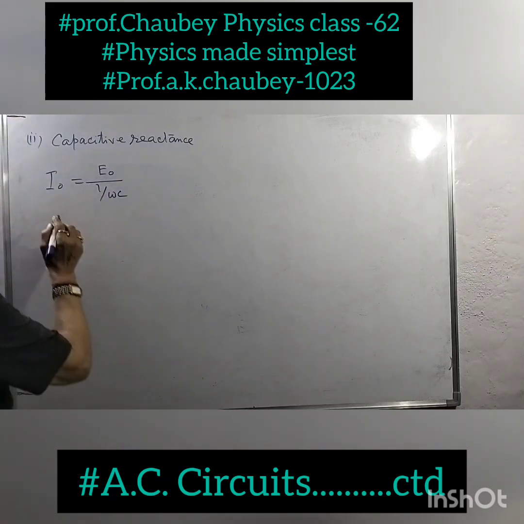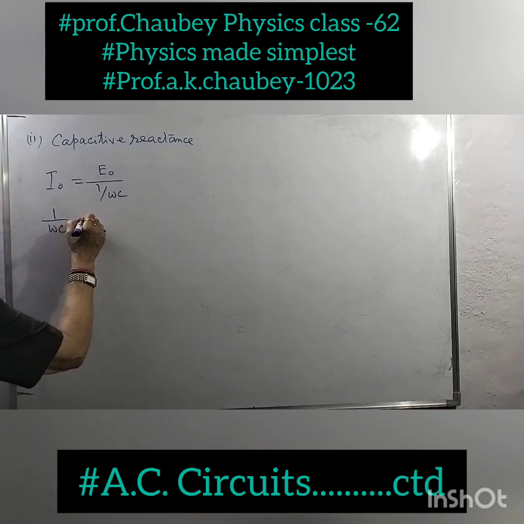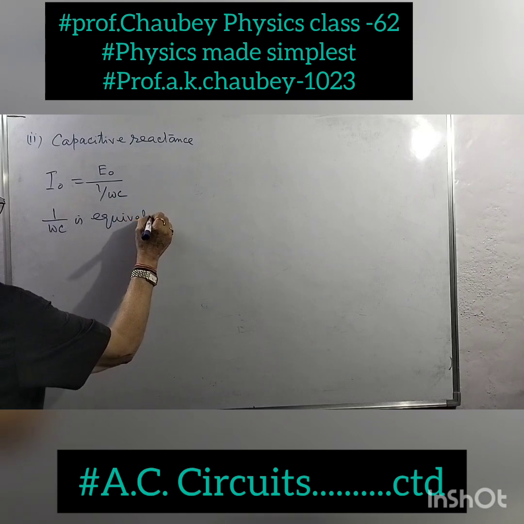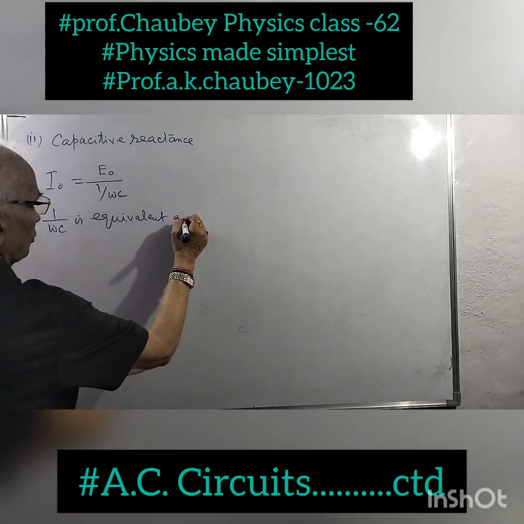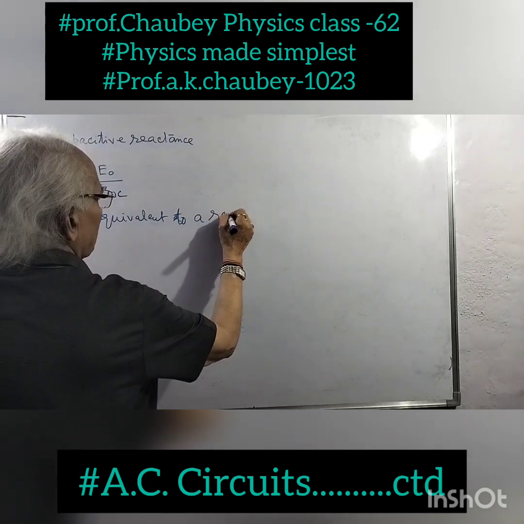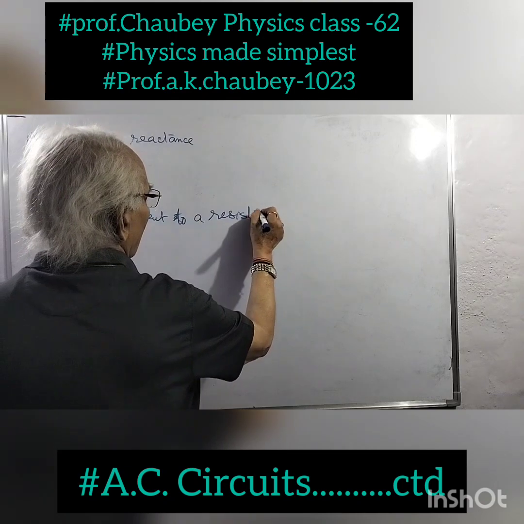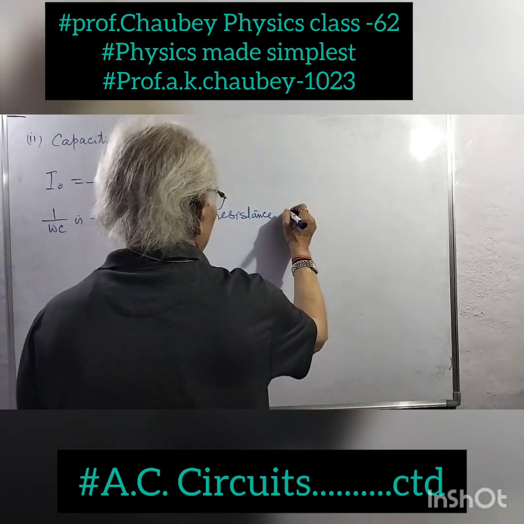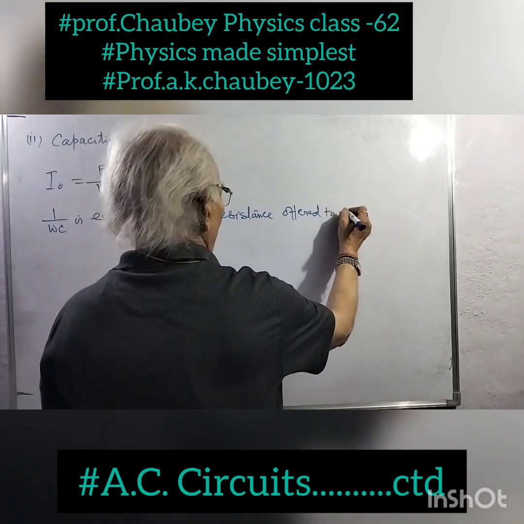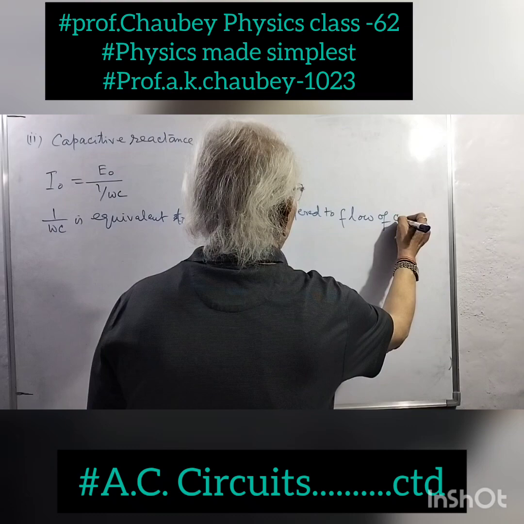So for the capacitive circuit, 1 over omega C is equivalent to a resistance offered to flow of current.